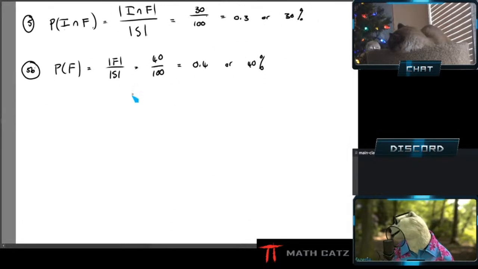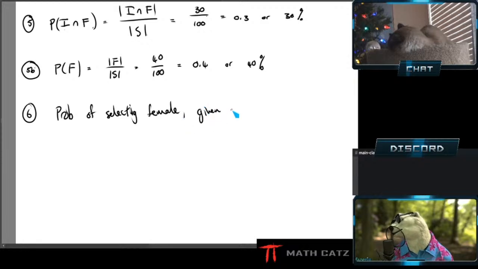Now we're not going to write this symbolically right now. I'm going to write it in words. The probability of selecting female given, the key word is that given. No, other way around, right?